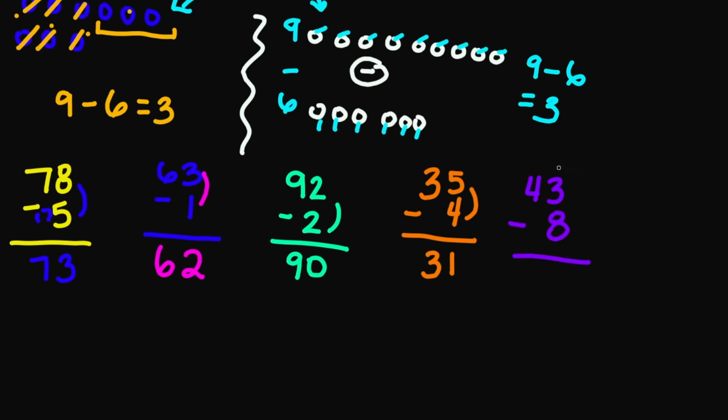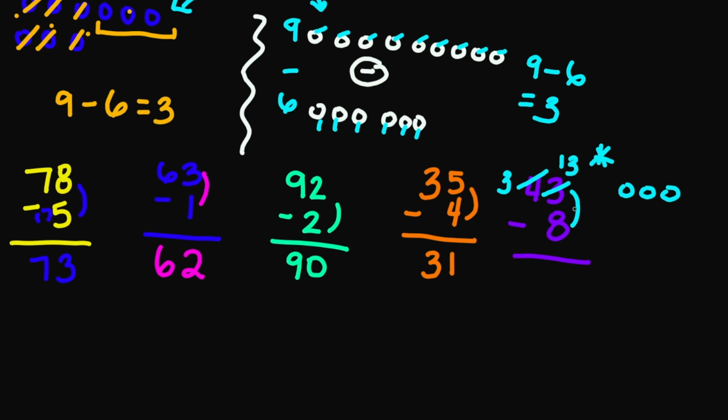What if I have 43 minus 8? Okay, so first we're going to do 3 minus 8. Uh-oh. Pay attention here. You have 3 marbles and you have to remove 8. I don't have enough marbles to remove 8. So now I have to borrow from the 4. This is going to become a 3. And this now is going to become a 13, right?